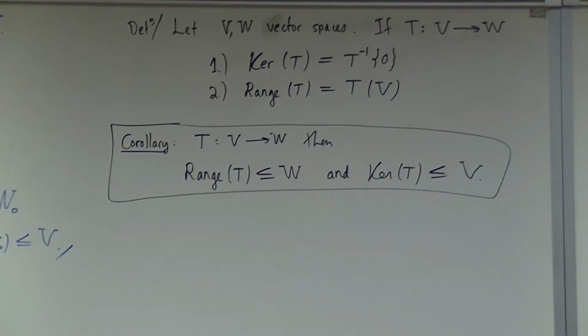The inverse image of the 0 subspace is the kernel, and the image of the whole domain is the range. These proofs hold in those cases just the same. In fact, these proofs are easier. If you wanted to just prove the corollary rather than generic subspaces, the proof is actually easier. Sometimes I'm nice on the test, I might ask you to just prove those. It takes away some of the annoyances of the two proofs we just went through.